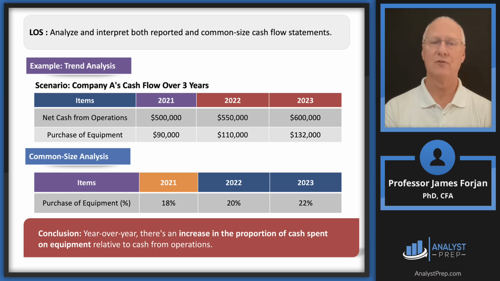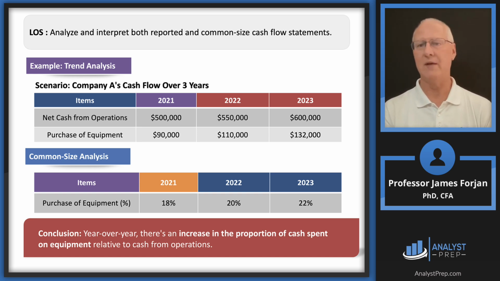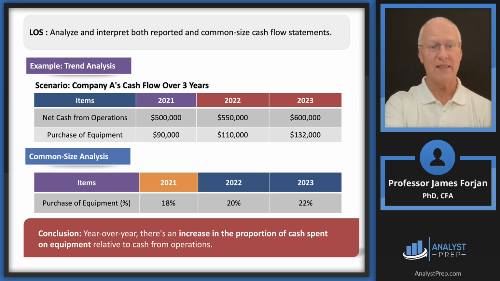Here's this trend analysis. So net cash from operations, what is that? 500 to 550, what is that? 10%. And then, maybe a little bit less than 10%. Purchase of equipment, what is that? 20%, and then 20% or so. But now what we can do is we can see the trend of that ratio up there. There's an increase in the proportion of cash spent on equipment.